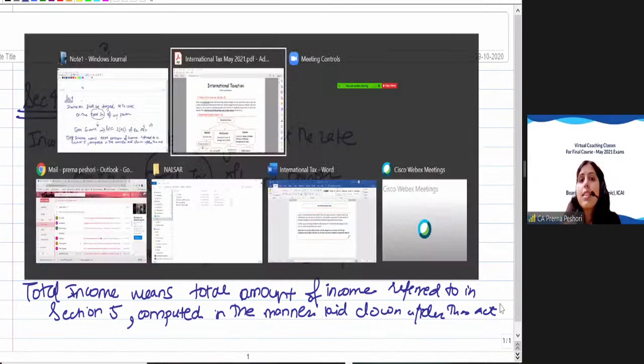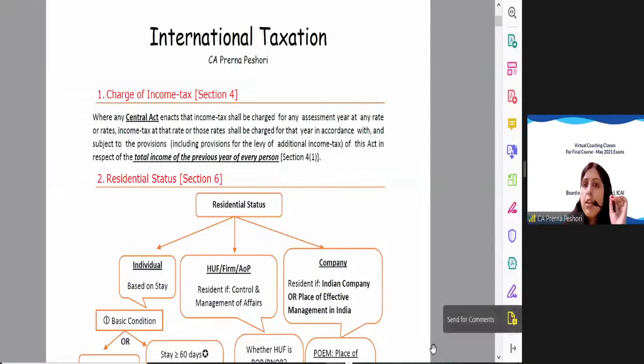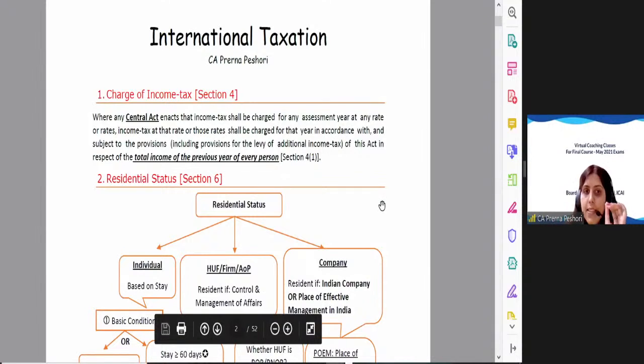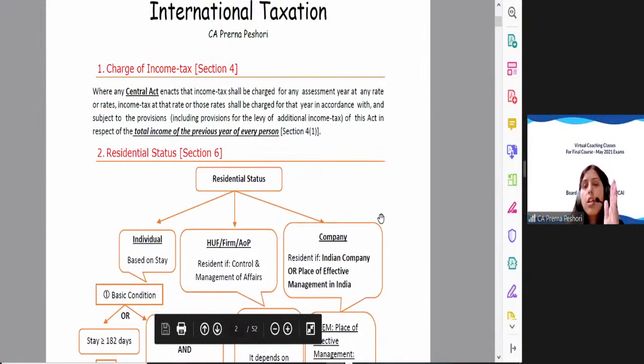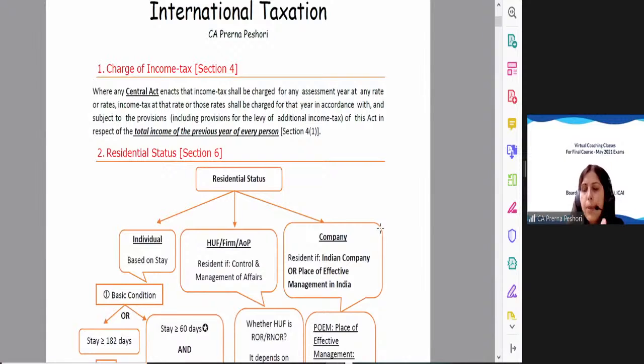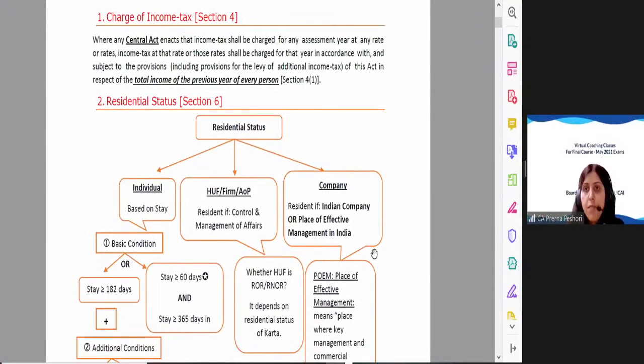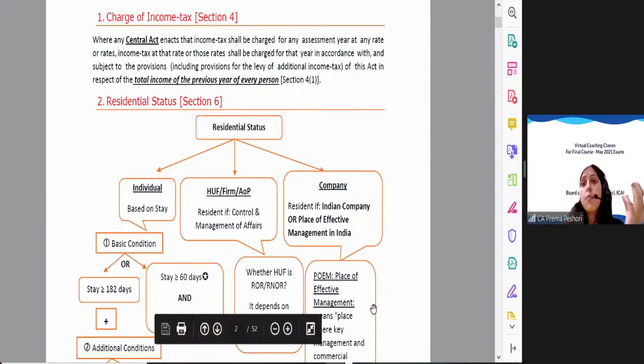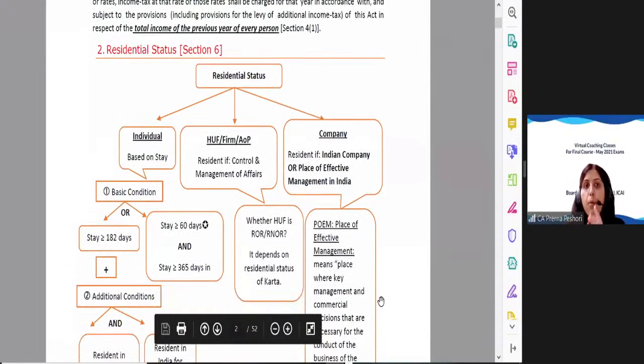What does section 6 say? Section 6 talks about the residency of an individual, HUF, firm or AOP, and a company. Right now I'm just touching upon the individual. We will separately deal with HUF and firm, and we will elaborately deal with company also. So first I'm touching upon the individual residential aspect.